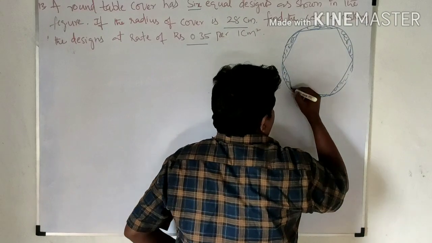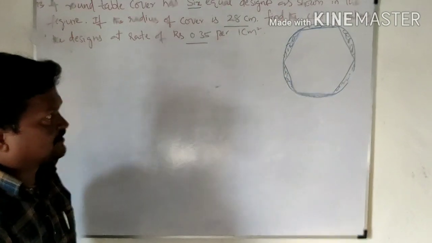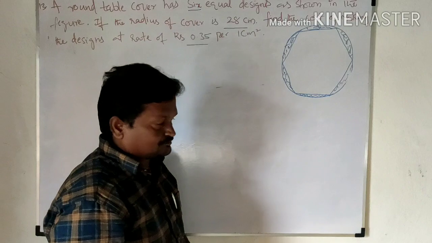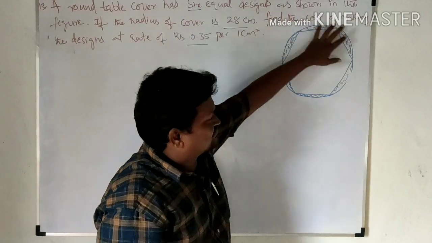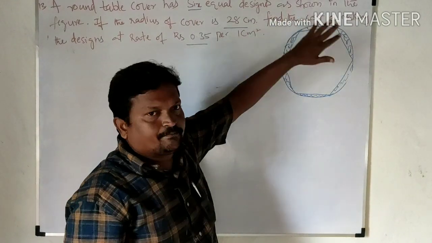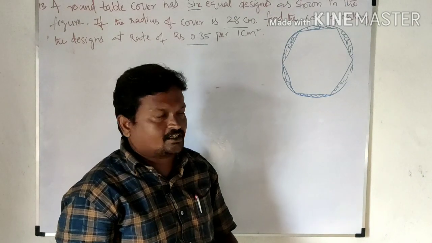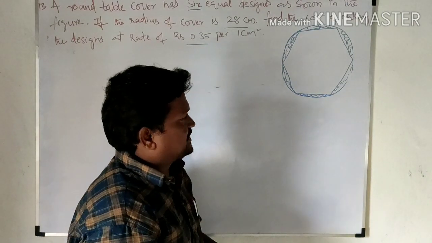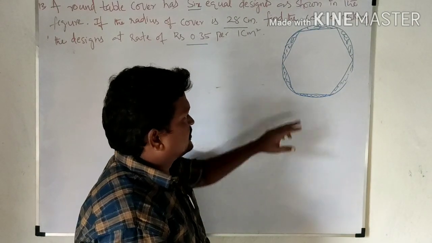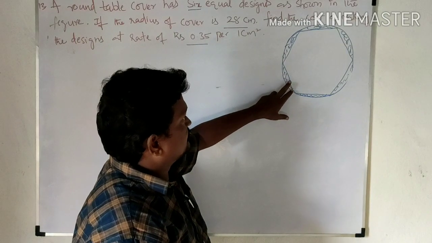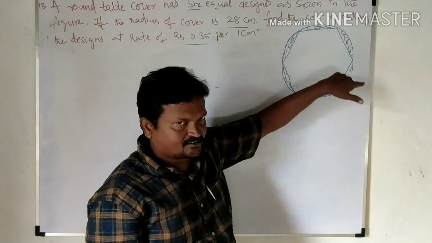Like this, some designs are there. To make these designs, there will be some cost. So we have to find how much the cost will be for making these designs.